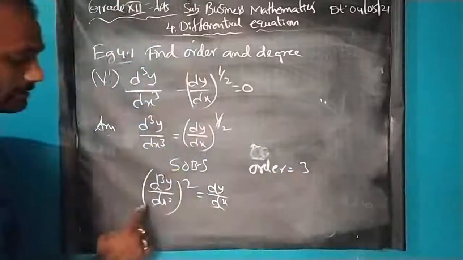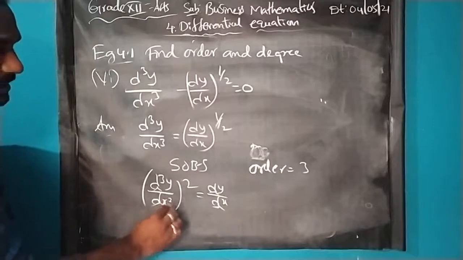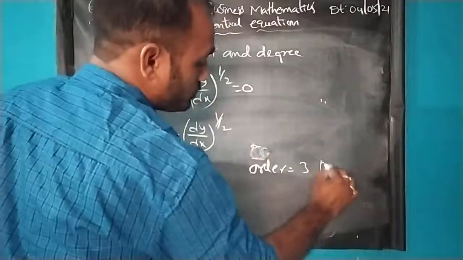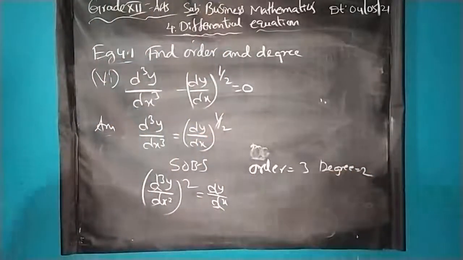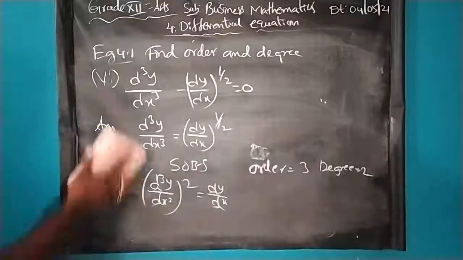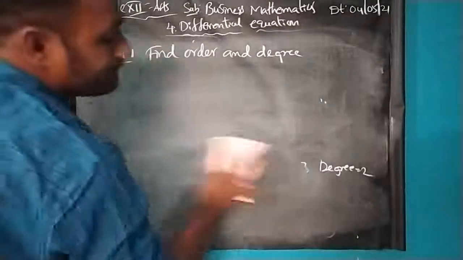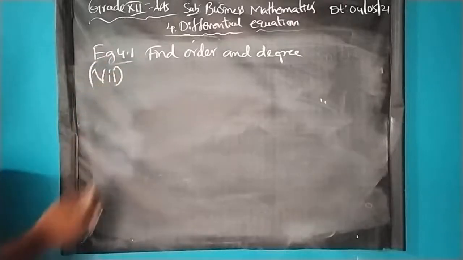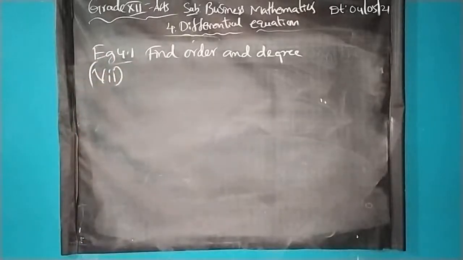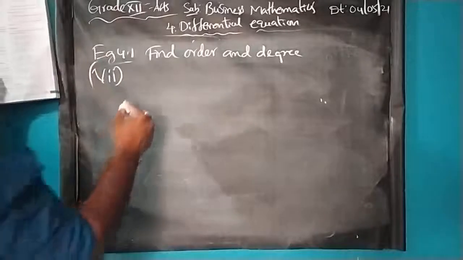Why are we writing order is 3? Because differentiation is done 3 times, and degree is 2. Order is 3 and degree is 2. Next, let us see the 7th question. So we are just learning how to get the order and degree of differential equations.